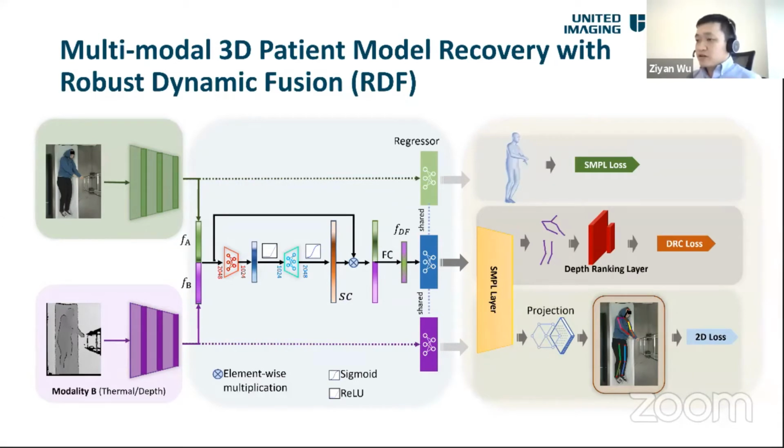Basically, we look at the depth ranking of each individual anatomical landmark in the image and enforce the same consistency constraint on the regressed patient model and the annotation we have. This way, we can make sure the depth ambiguity can be alleviated during the training process.